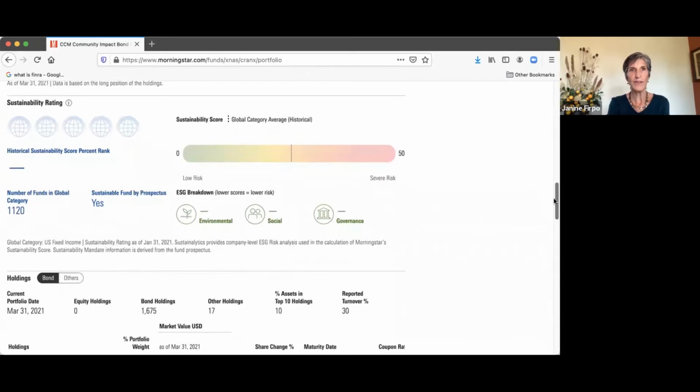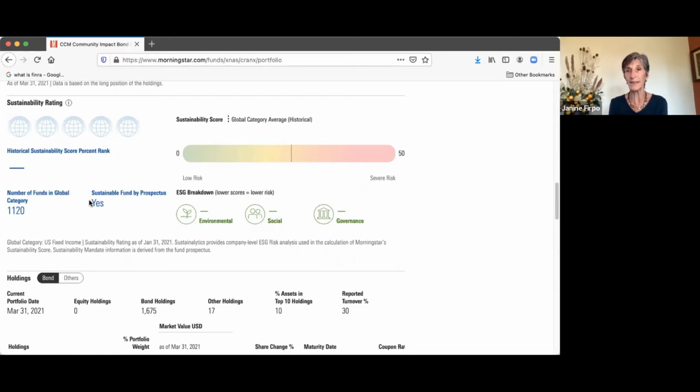Further down, this is the sustainability information for funds. It is often more valuable when you're looking at stocks, and we'll go into this a lot more in the video on how to understand your stock funds. But what we can see here that's important is that this particular bond fund is considered sustainable by prospectus.